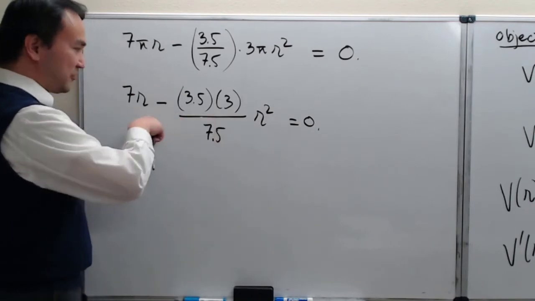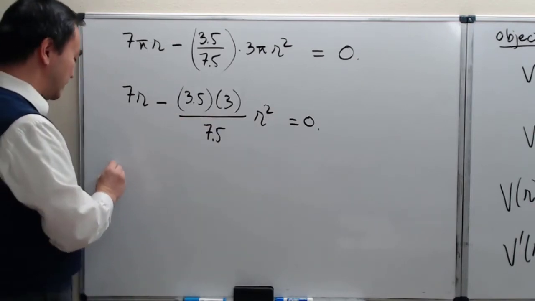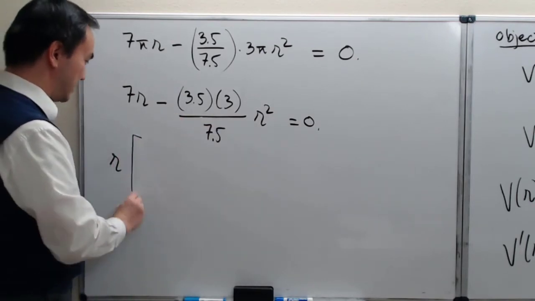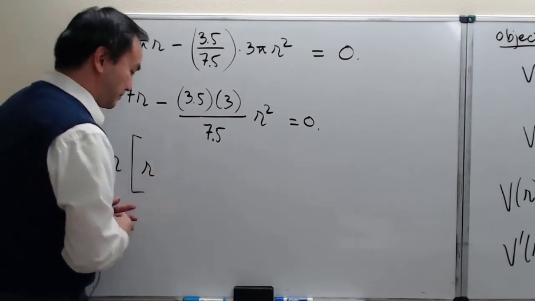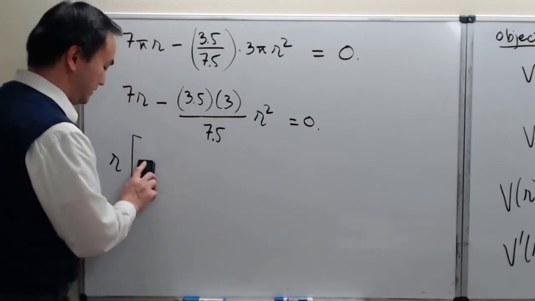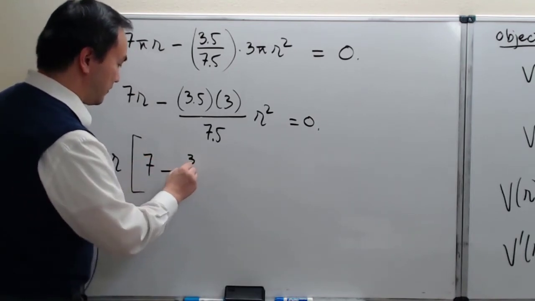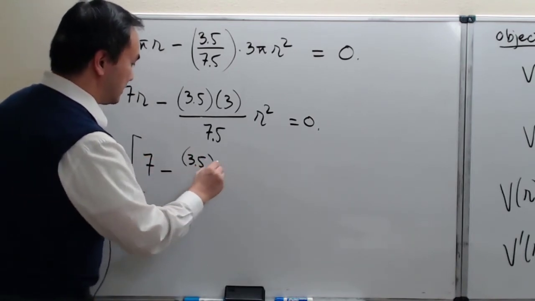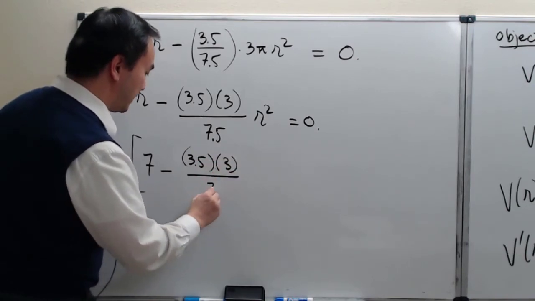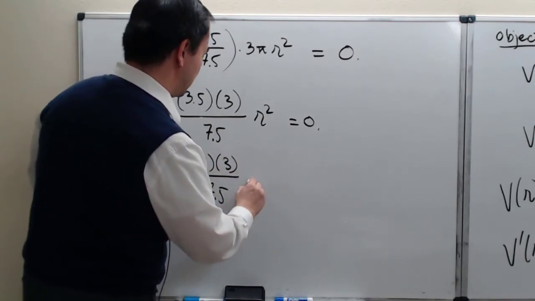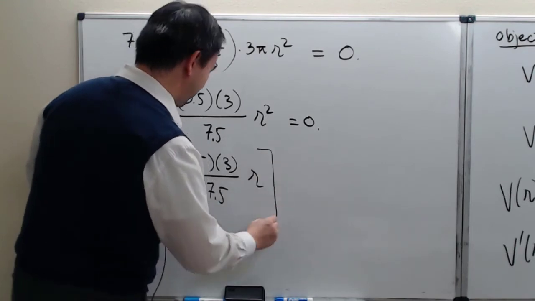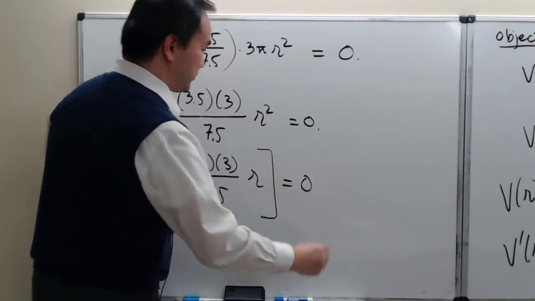Now I have a common factor r right here. I can quickly factor out the r, and I end up with r times 7 minus 3.5 times 3 over 7.5 r, and all that equals 0.